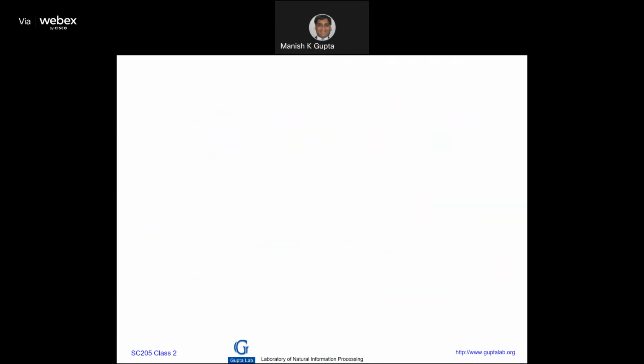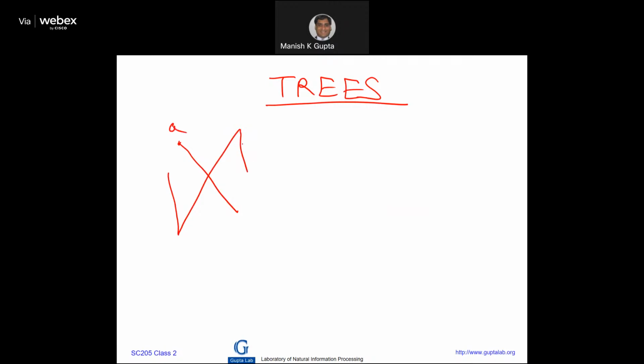Now we can focus on trees. I hope you already know about trees, but we'll see a few things. Take the graph A, B, C, D, E, F. Is it a tree?